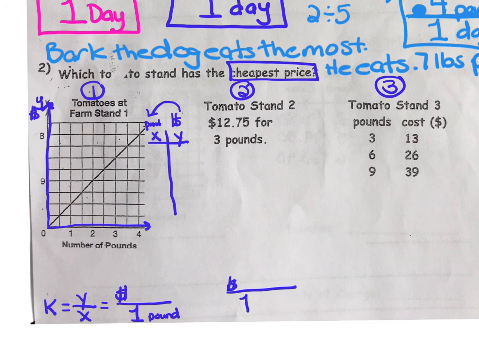Once you calculate the unit rate for each, you need to compare and decide which stand offers the better rate or the cheapest price. Complete this on your own, and when you're ready, turn the video back on.